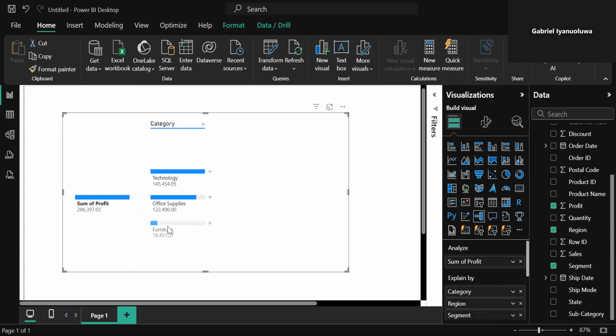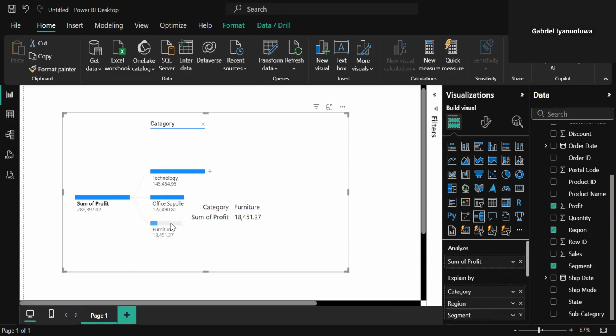Can you see under different categories? It shows that we have high profits in technology, more than 145,000, followed by office supplies. Then we have low profit in furniture. So it will break it down for us.